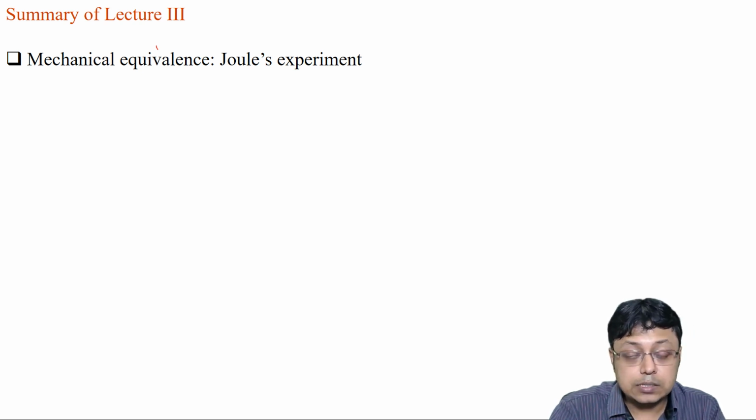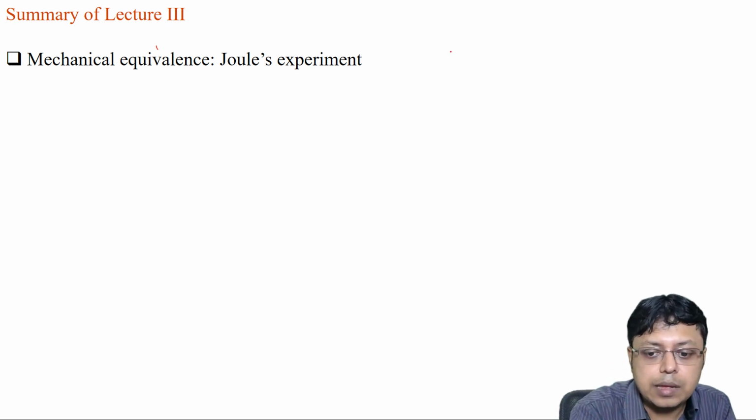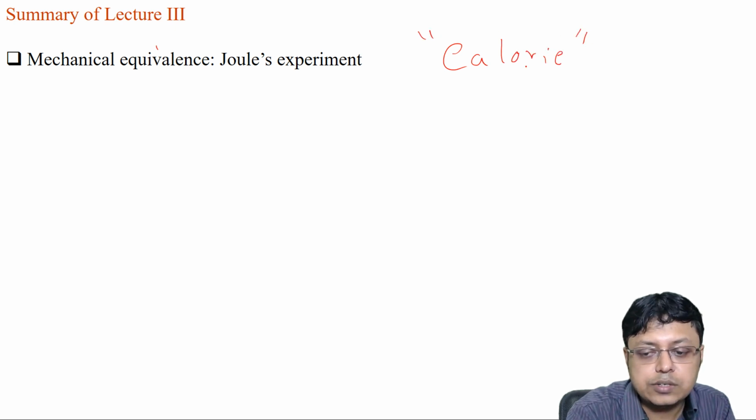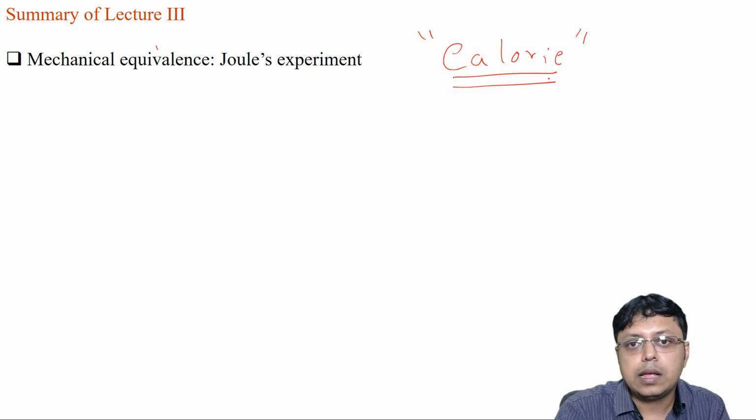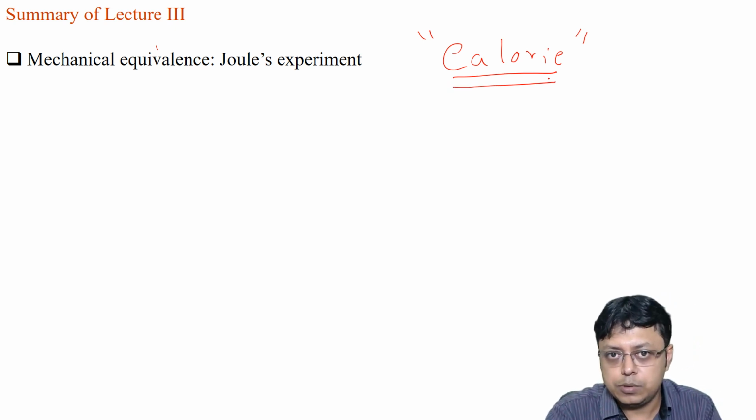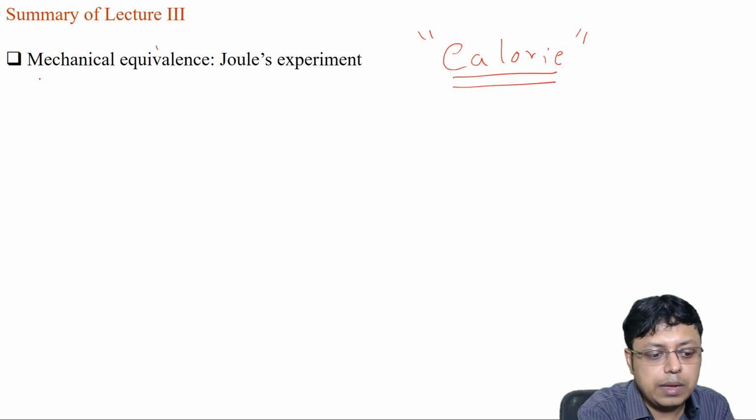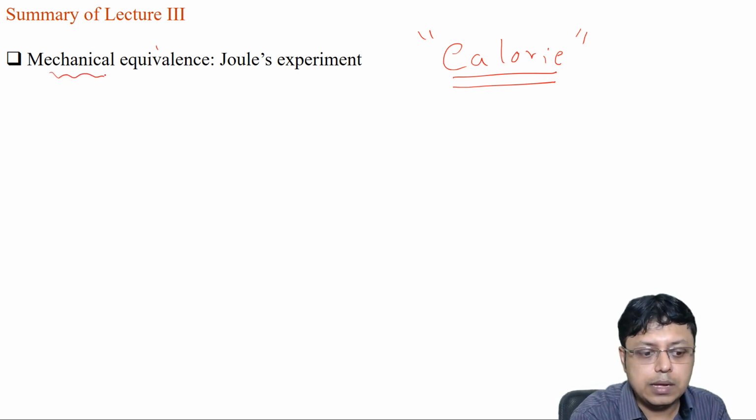And that was experimentally shown by James Joule, where he used the falling of a mass to rotate a paddle system immersed in a liquid that increased the temperature of the liquid water, and hence Joule concluded that the old concept that when heat is exchanged, there is something called caloric, which actually gets transferred between two bodies, was wrong. He rejected that caloric hypothesis, and he said just by doing mechanical work you can also heat up a system.